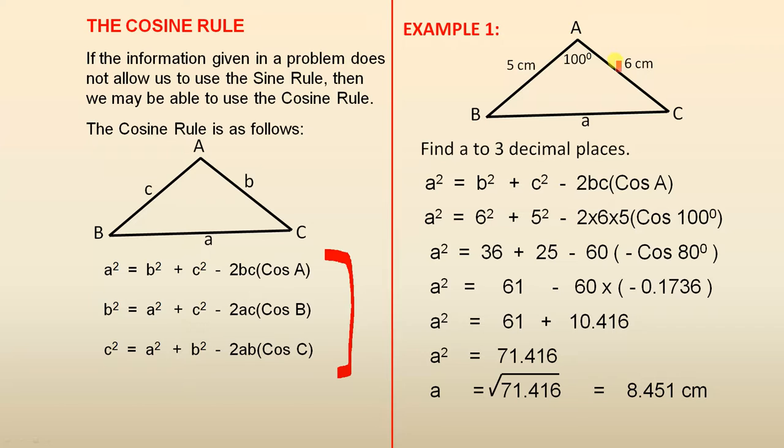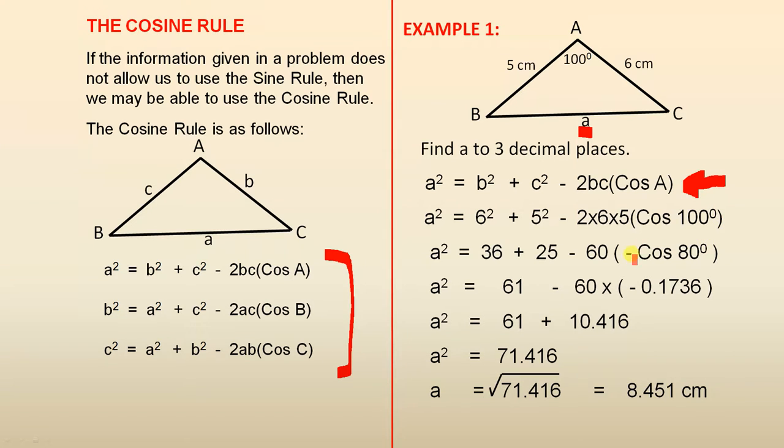We have a triangle here with two given sides and the included angle, and we have to find a to 3 decimal places. So here is the formula we use. We substitute into the formula to arrive at that line.